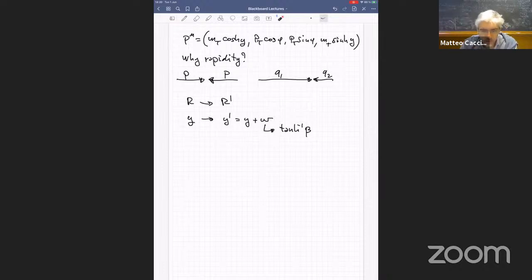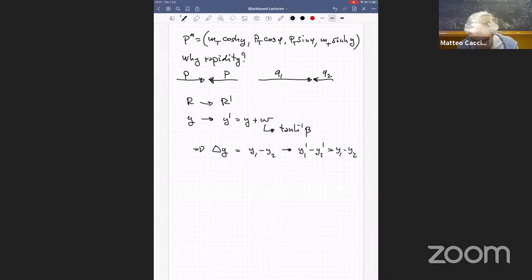So the two frames have a velocity, and this is how rapidity transforms, which means that when you measure things related to rapidity differences, which is something that we will want to do in many cases, so this is y1 minus y2, this transforms simply as y1 prime minus y2 prime equals y1 minus y2.